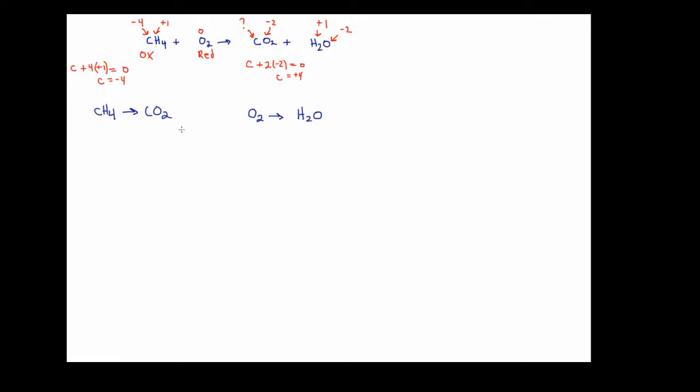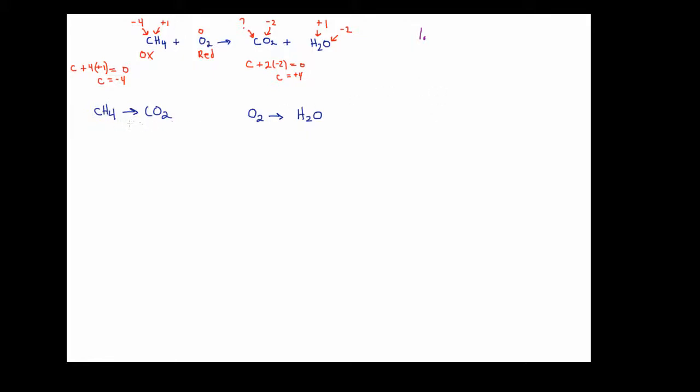But I honestly feel that this is the best method because it's systematic, and if you follow the rules, then in the end you're going to end up with a balanced equation, which is what you want. And as long as you're careful, you won't make any mistakes.